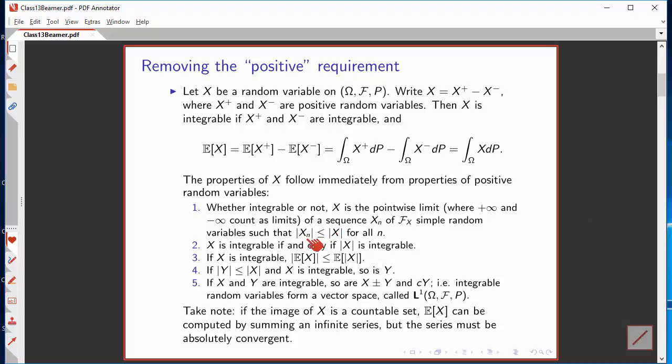In other words, we achieve the fact that the absolute value of x sub n is always less than or equal to the absolute value of x.